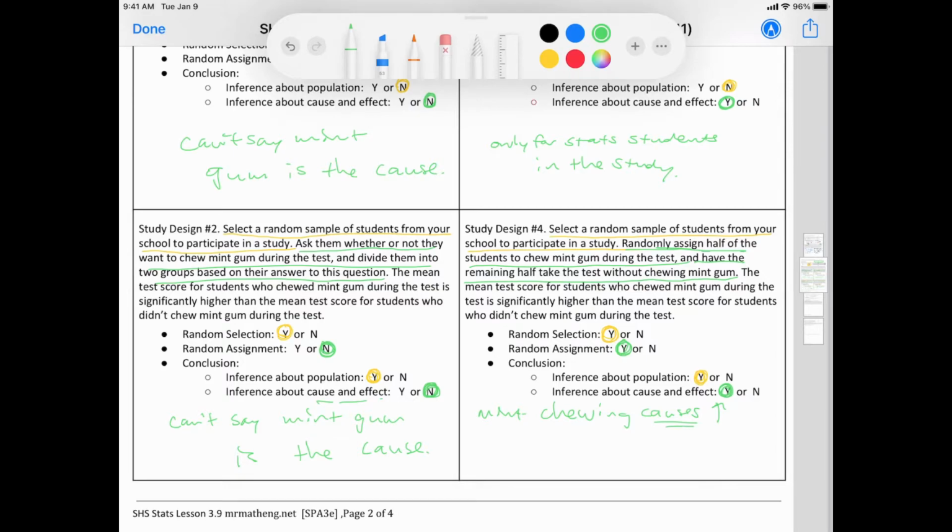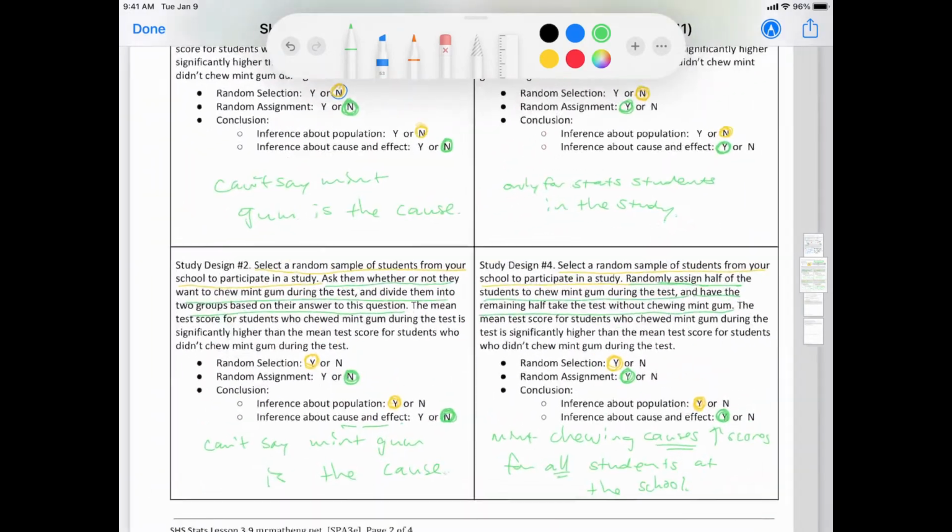Now I can actually use that word, causes. Higher scores for all. That's the population, for all students at the school. Okay, that was example 1B.